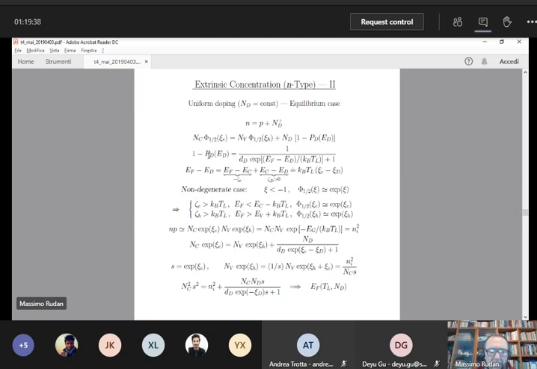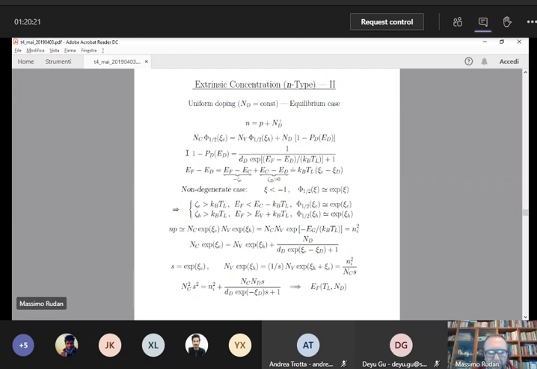And this means that PD calculated at ED is negligible with respect to 1. Physically, that means that the probability of occupancy of the donor state is negligible. That is, the donor states are completely empty. All of them are empty because the probability of being filled is negligible. If this condition happens, that means that all donor atoms are ionized. So this condition is called complete ionization.